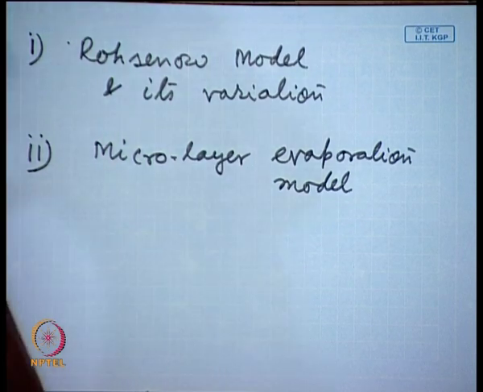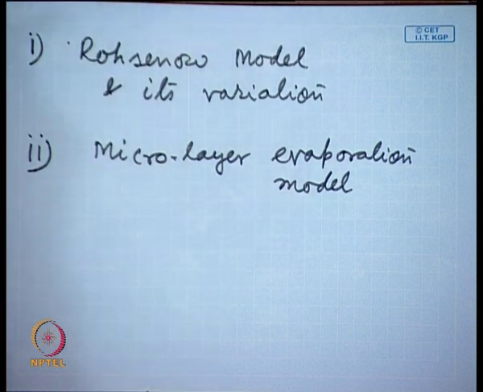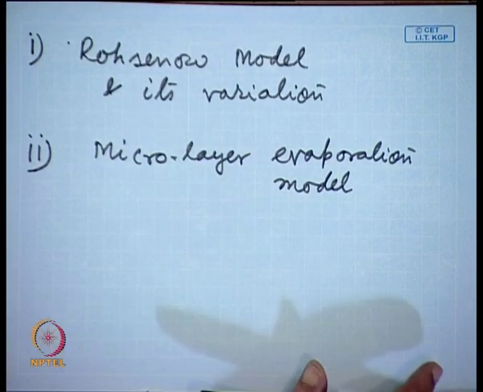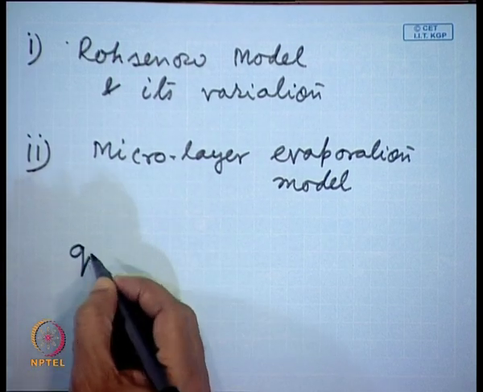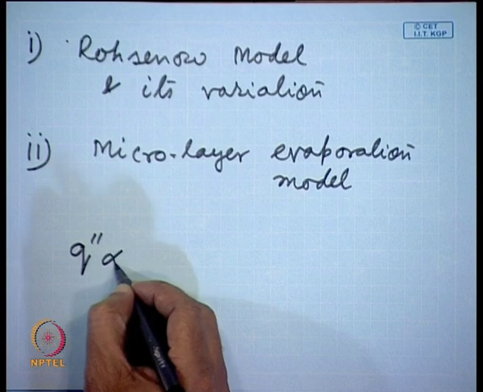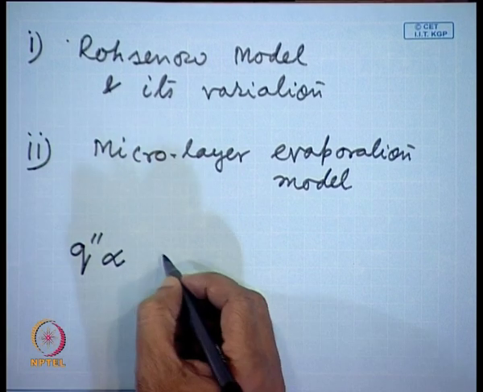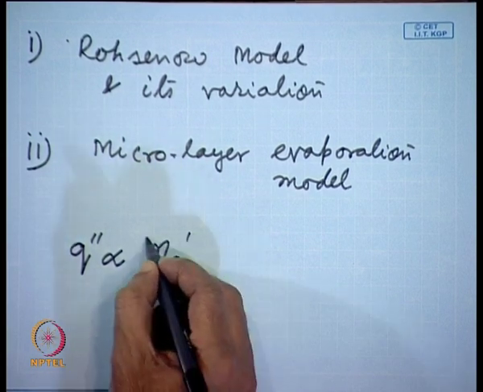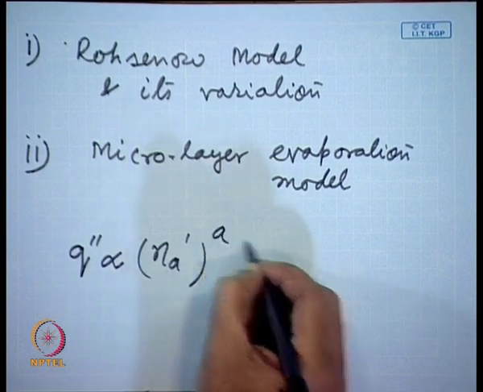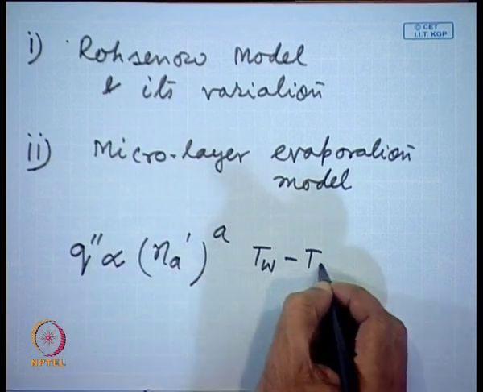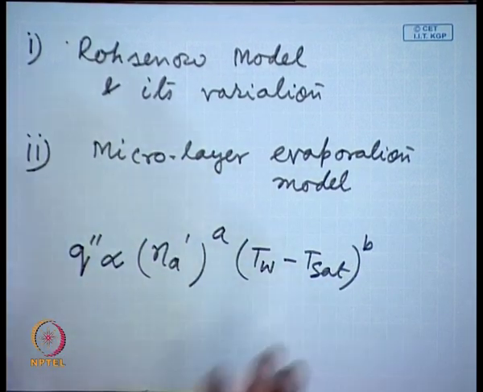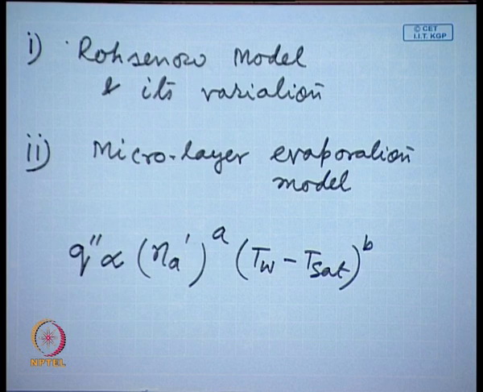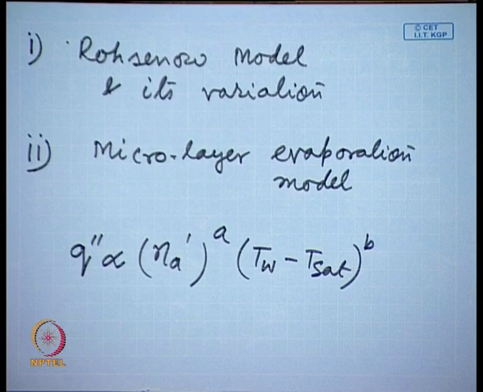The experimental evidence shows that the heat flux is proportional to two very important parameters, Na dash to the power A and Tw minus T saturated to the power B. There will of course be some numerical constants, but for any boiling experiment this type of relationship is obtained.